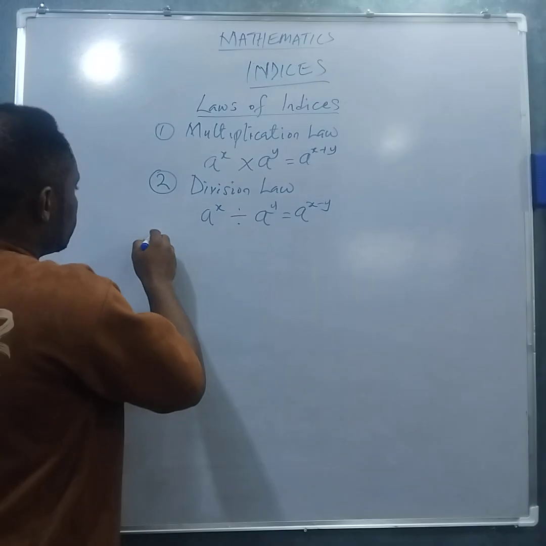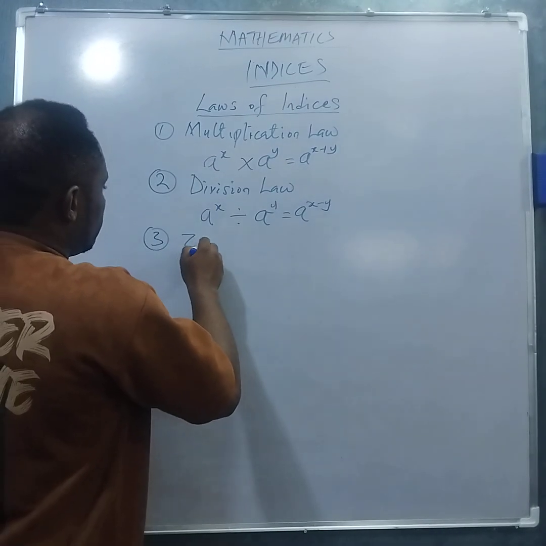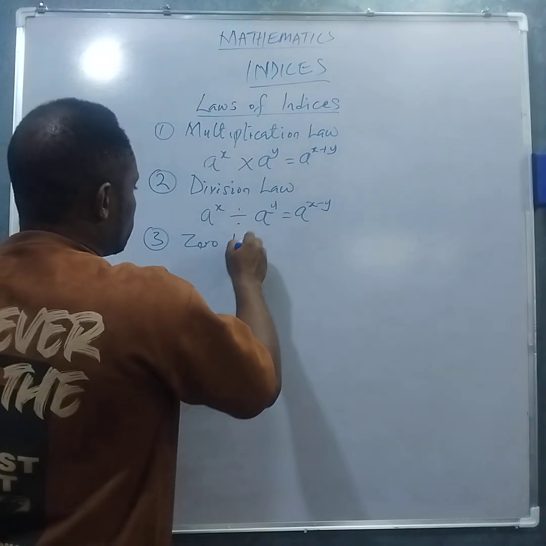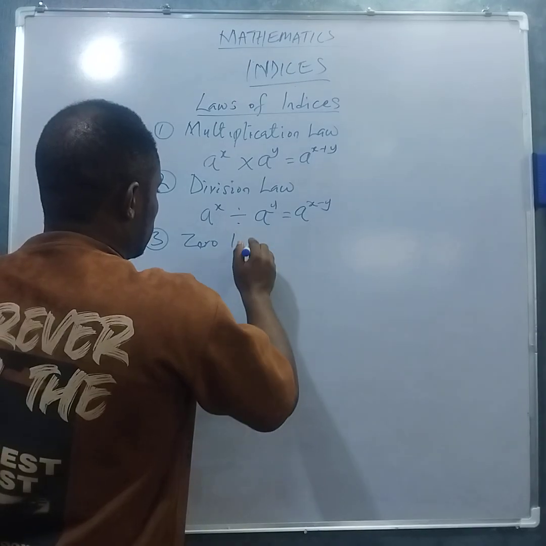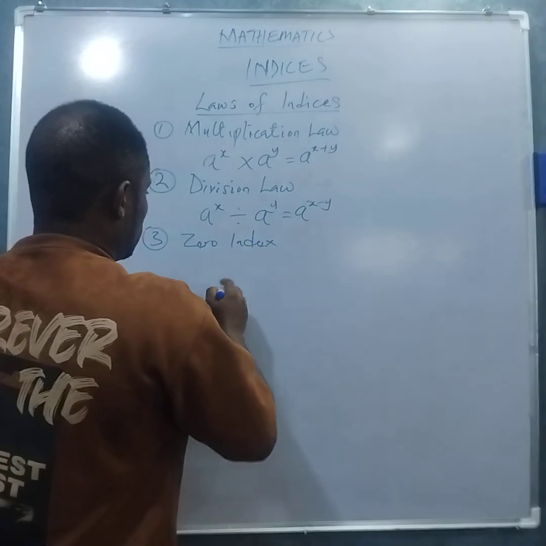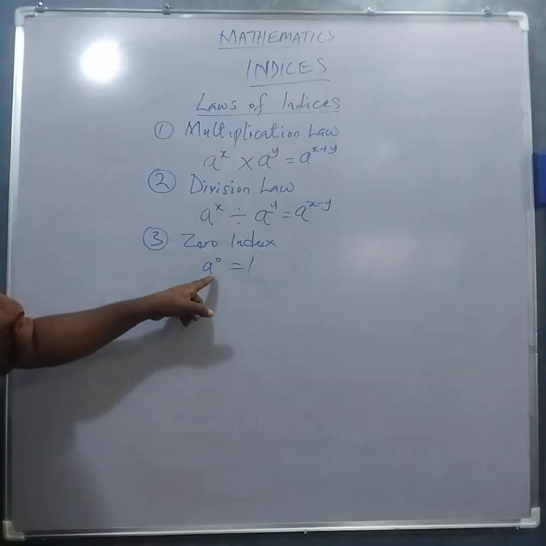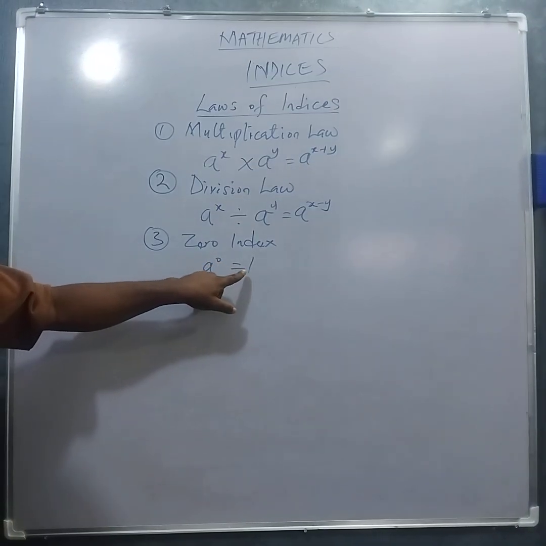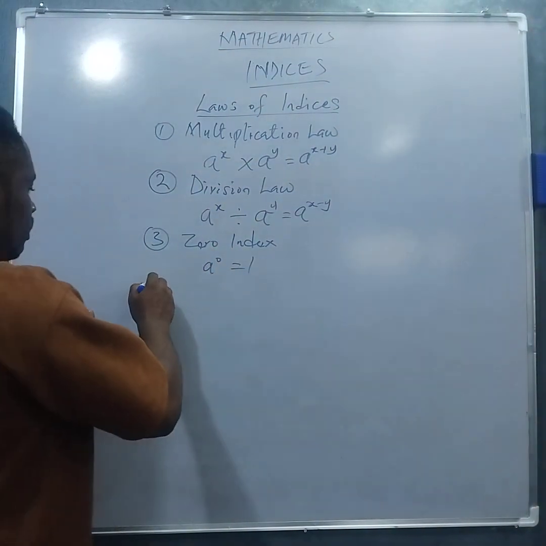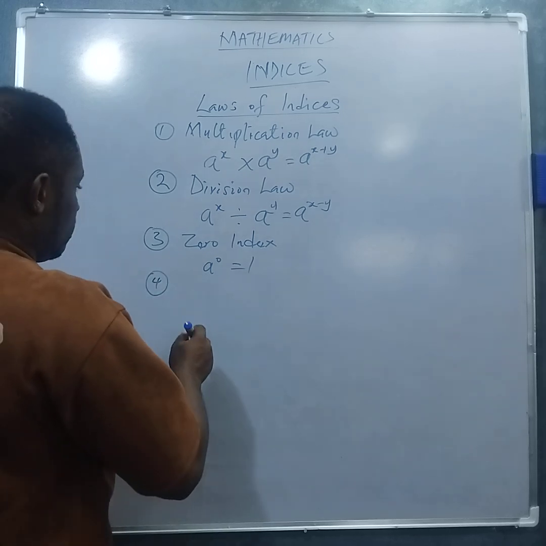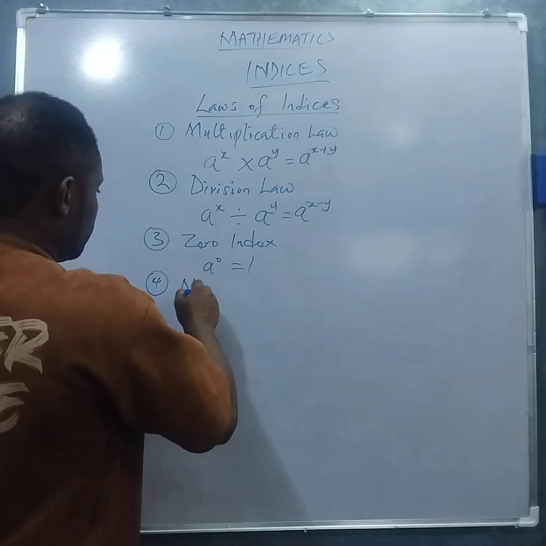The third one is what we call zero index. A raised to power 0 is equal to 1. Number 4 is what we call negative index.